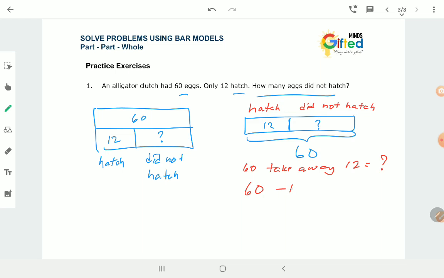You take away 12. Then it will give you 48. Okay? So therefore, there are 48 eggs.